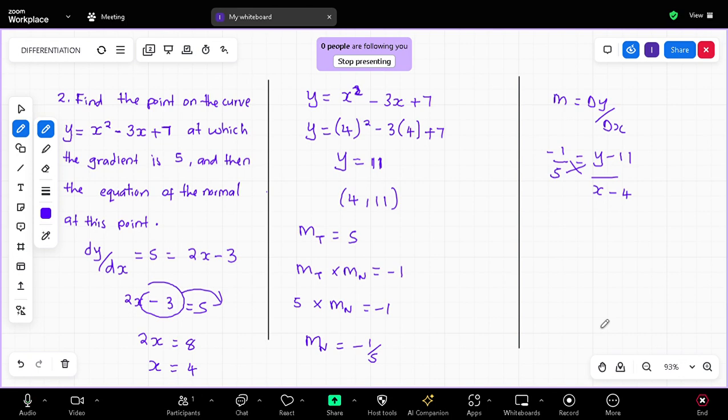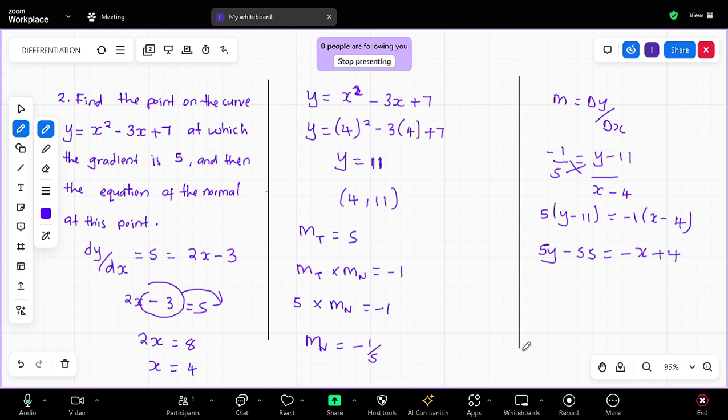So we have 5 times (y minus 11) should be equal to -1 times (x minus 4). So 5y minus 55 is equal to minus x plus 4.